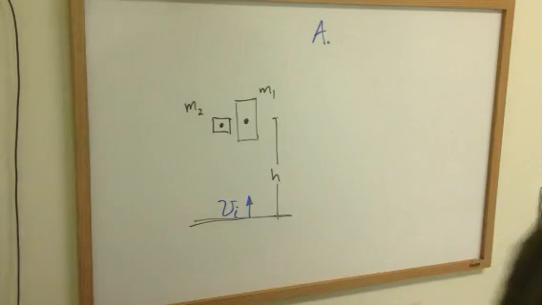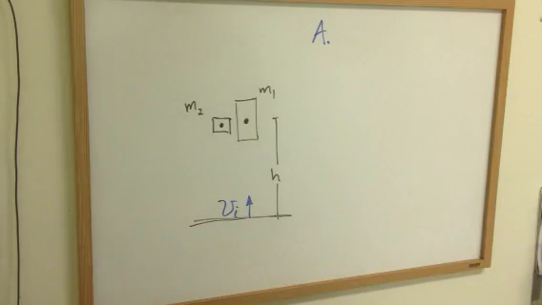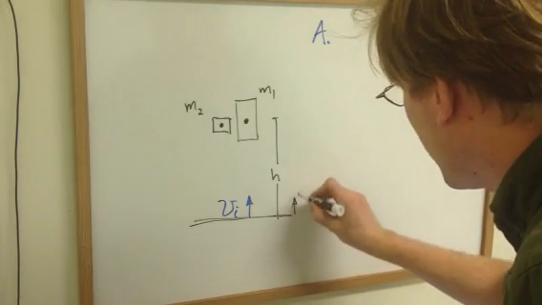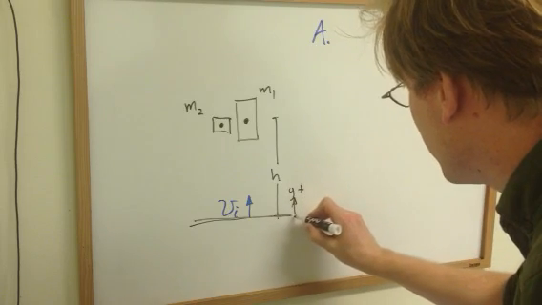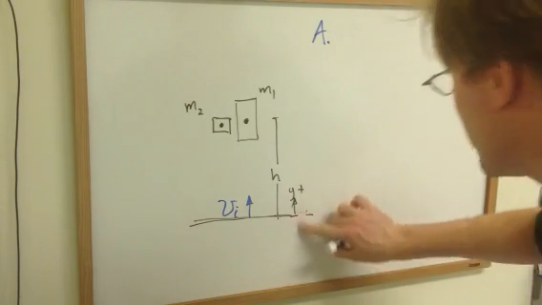Well, you can use kinematics to calculate how somebody with an initial speed going upwards, starting at, say, if we call this our y-axis, where upward is positive, we're starting right here at 0.